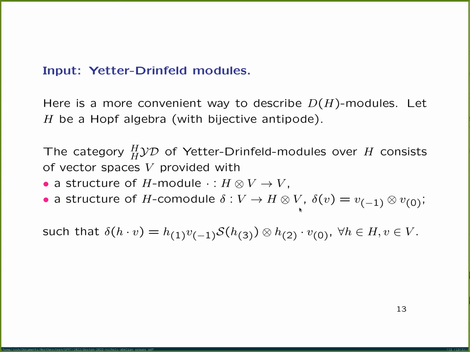This means that this part is in H and this part is in V. Then these two structures should be related by one relation, and the relation is the following: delta of h acting on v, so the multiplication and the comultiplication should obey this formula.